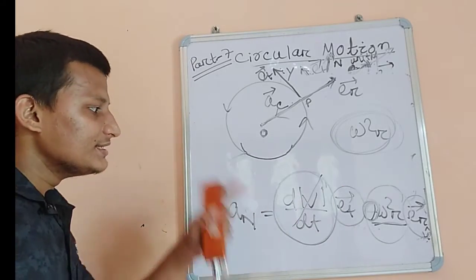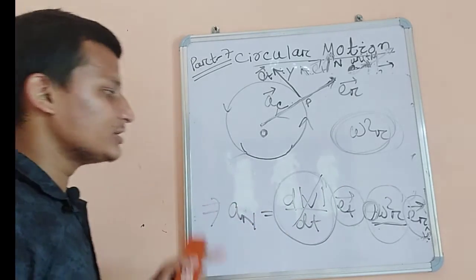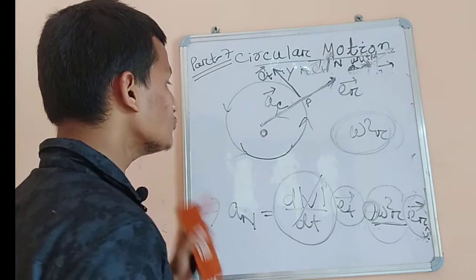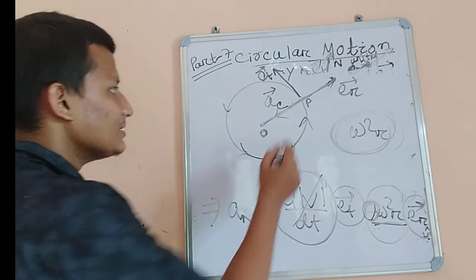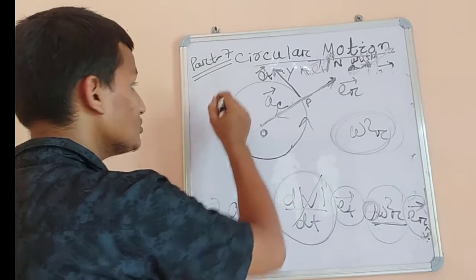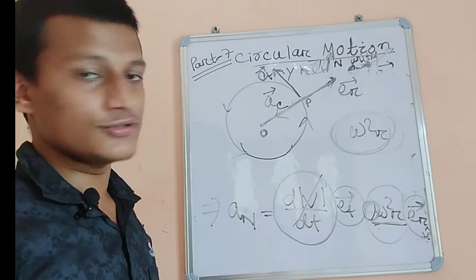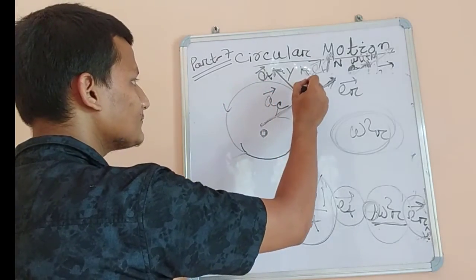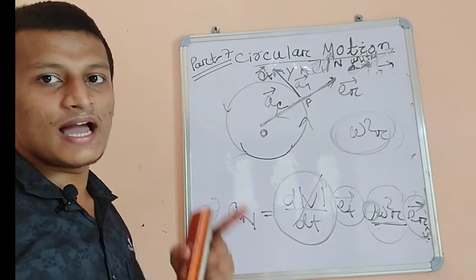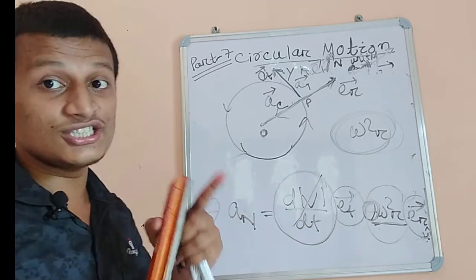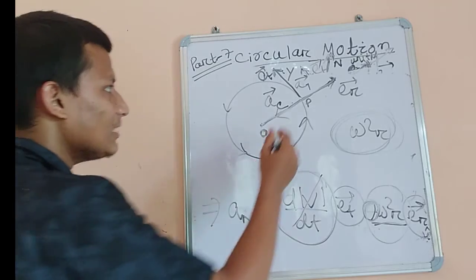Then the tangential direction, this magnitude refers to the change in modulus of velocity, or the change in magnitude of velocity with respect to time. So this is our tangential acceleration, because tangential acceleration is formed only due to the change in magnitude of velocity with respect to time.